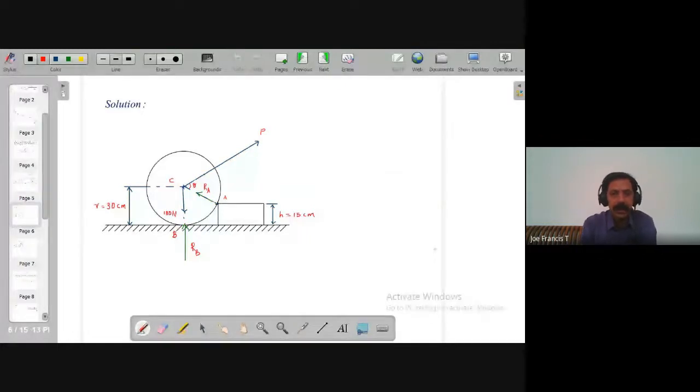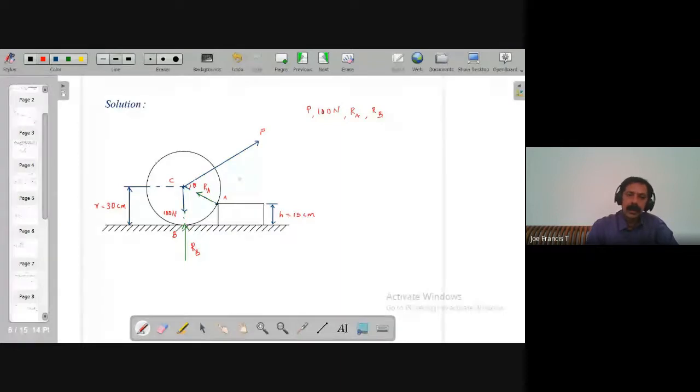If we draw a free body diagram of the sphere, the forces acting are P, the applied force that we need to find, and its weight, which is 100 Newton, given to us. We can call these two the actions. Next there are two reactions. The reaction offered by this block, which is RA, will act in the direction of AC, towards the center of the sphere. And then we have the reaction offered by the horizontal floor, which is RB. These are the four forces acting.